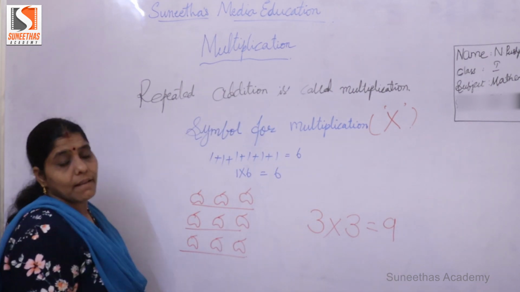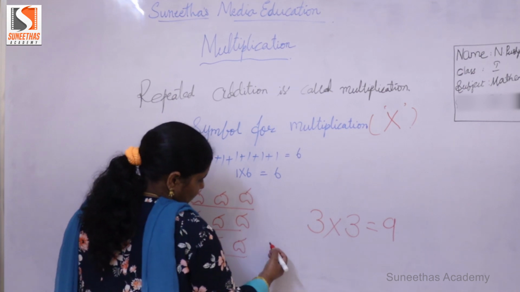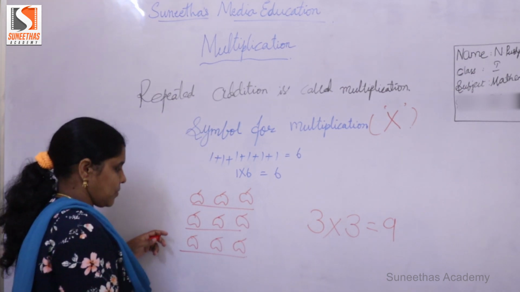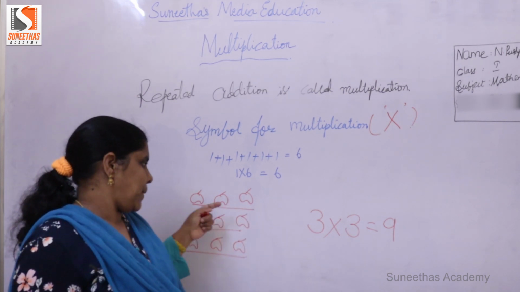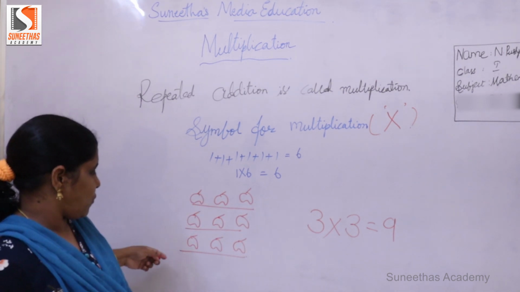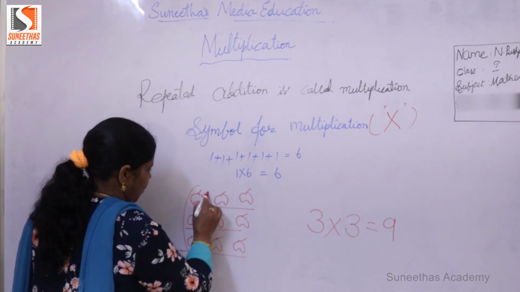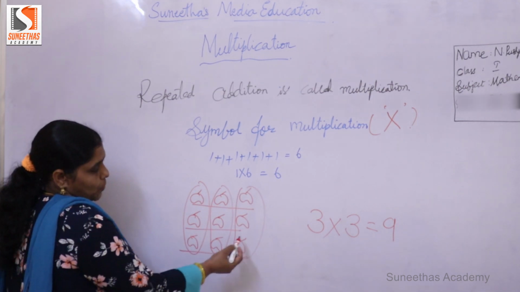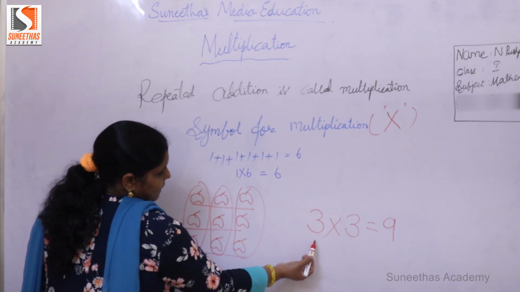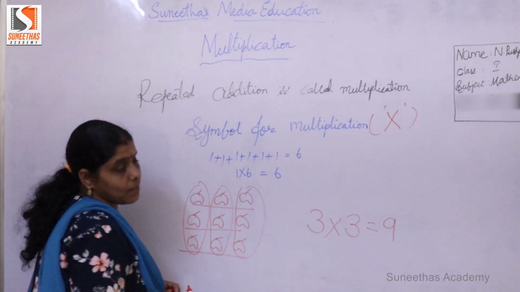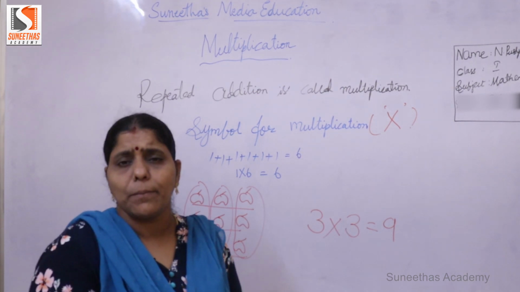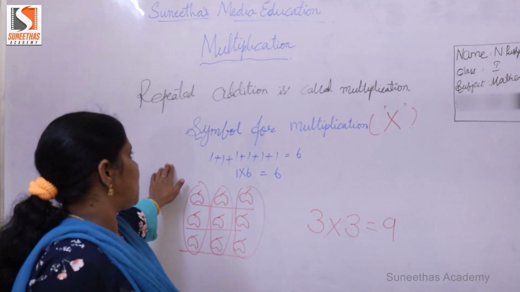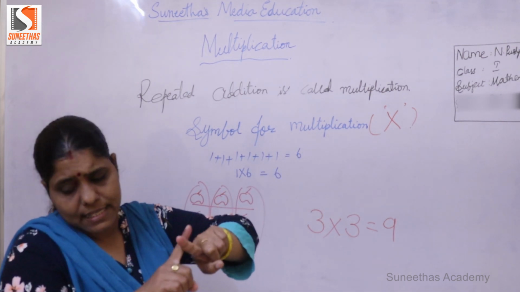It is 9. Here 1 group, 2 groups, 3 groups. In each group 3 apples, so 3 apples into 3 times. Repeated addition is nothing but multiplication, and the multiplication symbol is X.